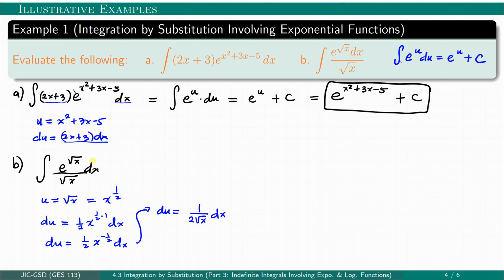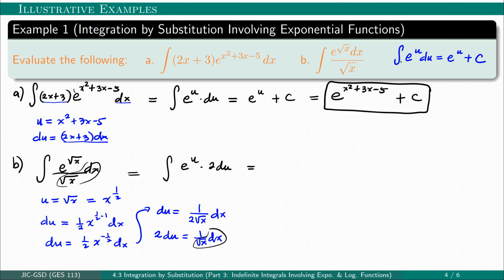Now in our given, we have dx divided by the square root of x. We do not need the 2, so we can multiply both sides by 2. We'll have 2 du is equal to 1 over square root of x dx. Using this information, we can rewrite our integral as the integral of e to the u times dx divided by square root of x, which is actually 2 du.